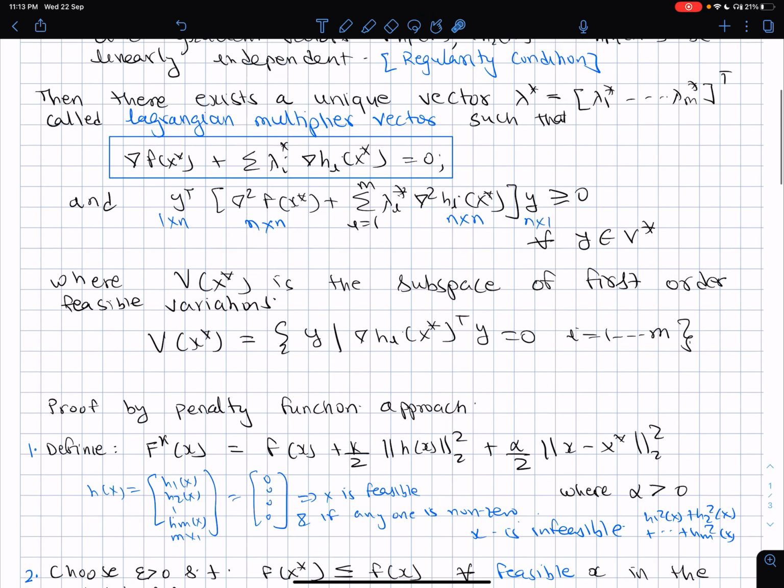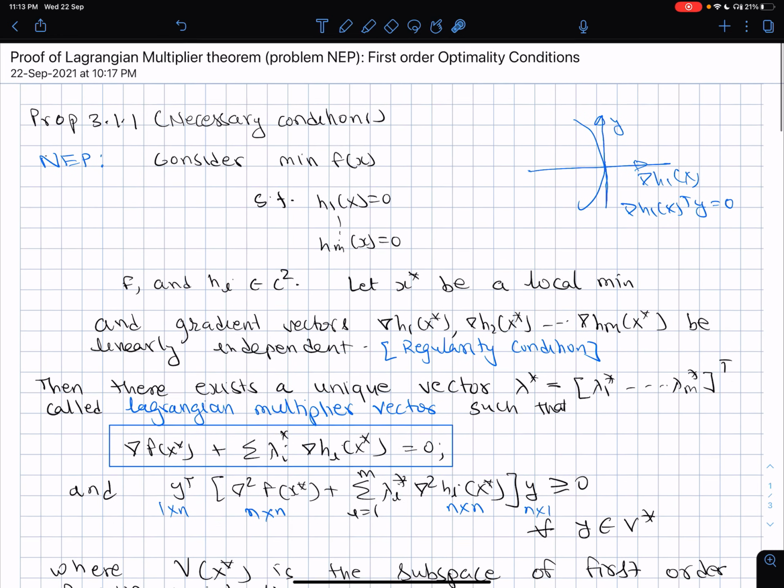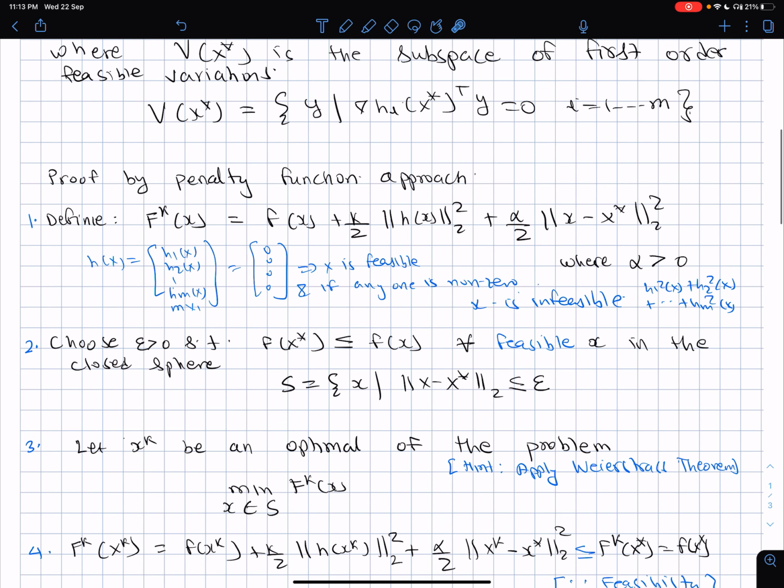It is proposition 3.1.1 from the second edition, and this is the numbering. And this third term here is for technical reasons. Alpha is a scalar, a constant greater than 0, and I am penalizing any deviation of x away from x star by a quadratic penalty.